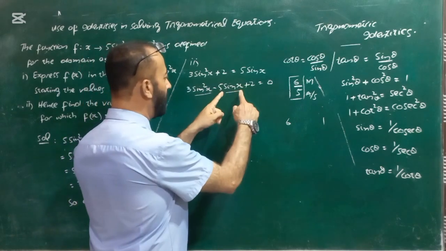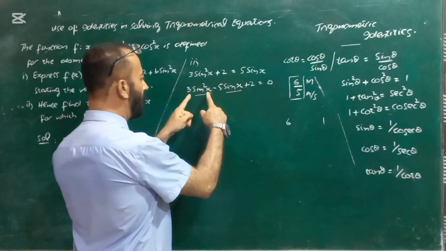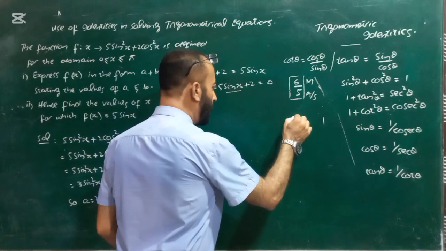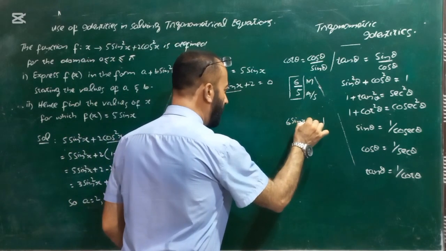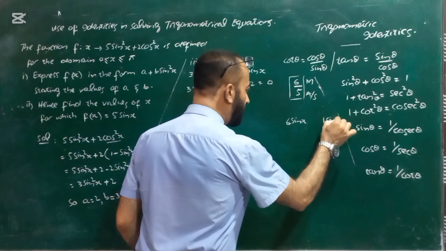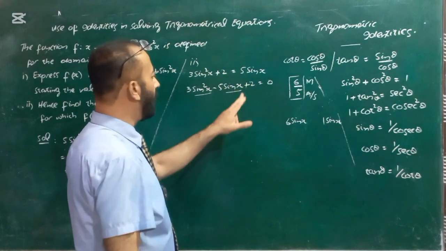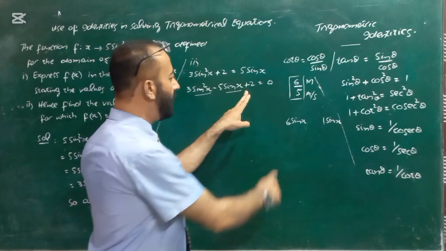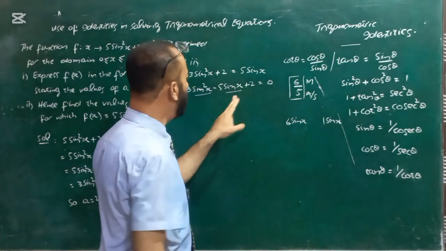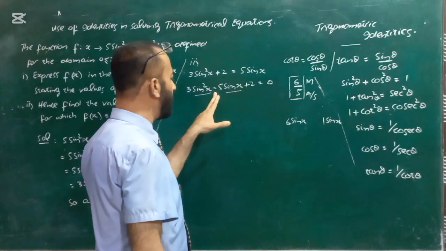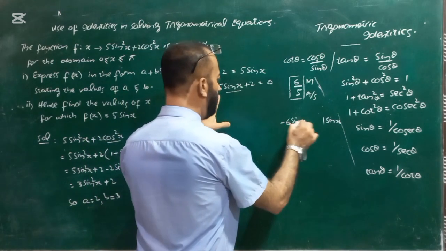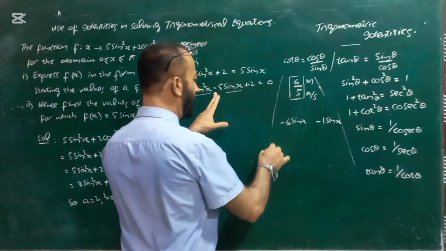So singular variable is sin x. This is quadratic variable. So sin x will be written with both of these values. Okay, now the last value is telling us that these two values will have same sign, and this sign is telling us that minus sign will be placed with both these values.